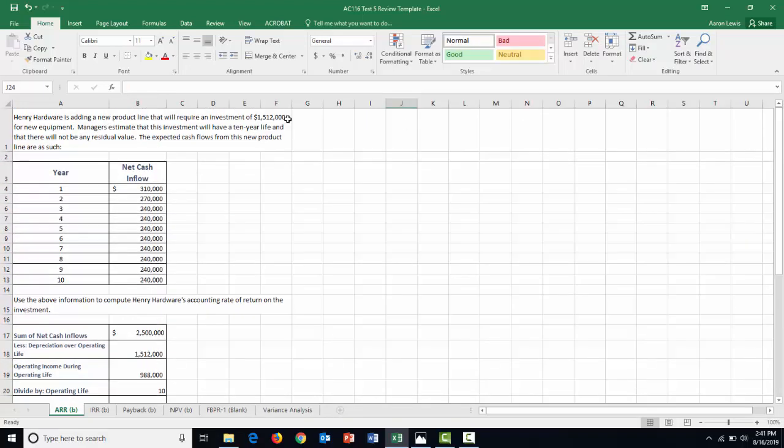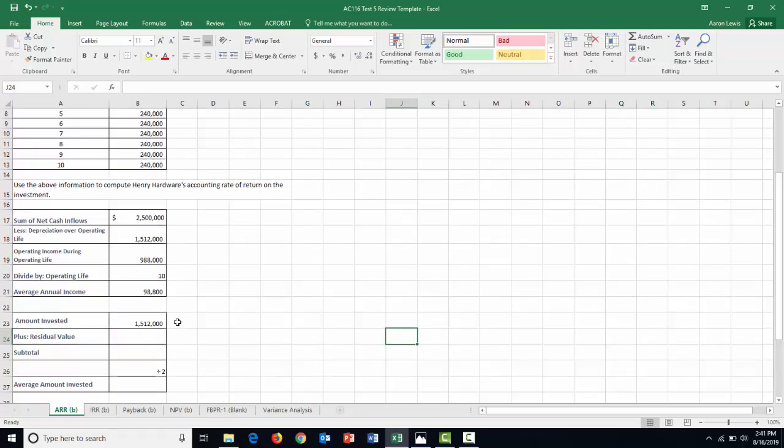Our residual value right here, there will not be one, so we can throw in 0, giving us a subtotal of our amount invested plus our residual value, which is still going to be the same, $1,512,000.